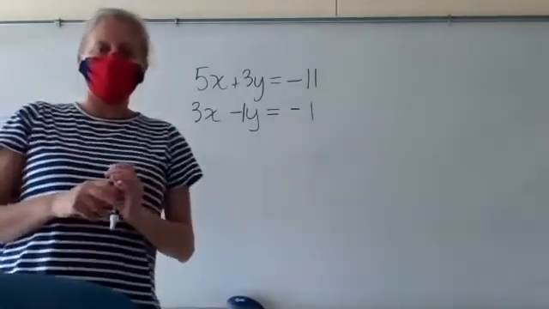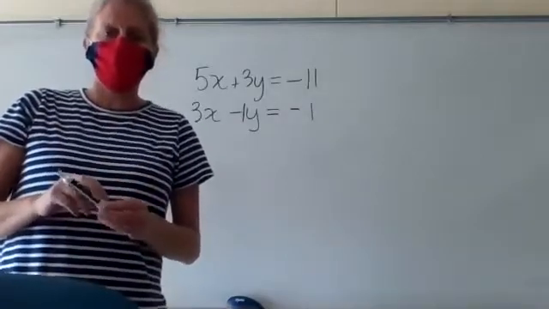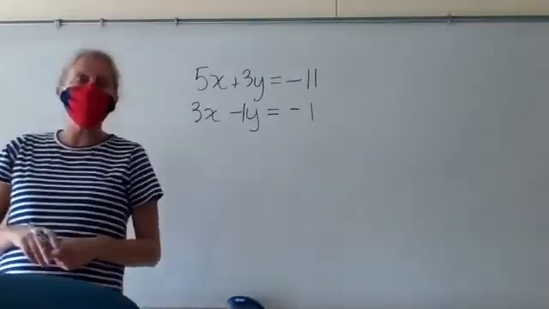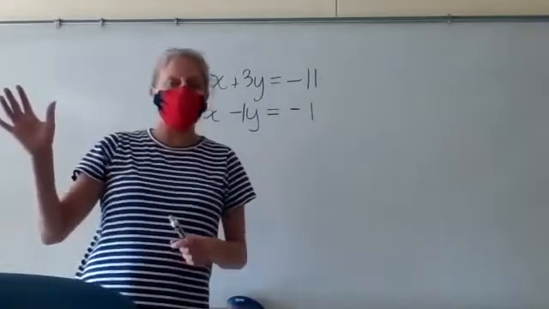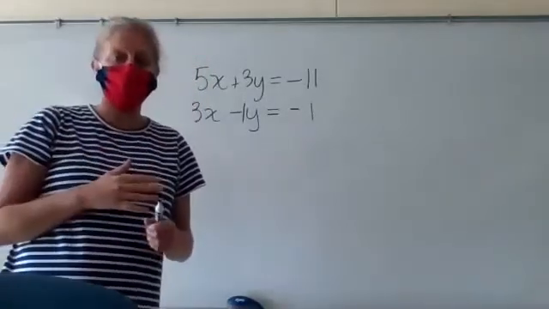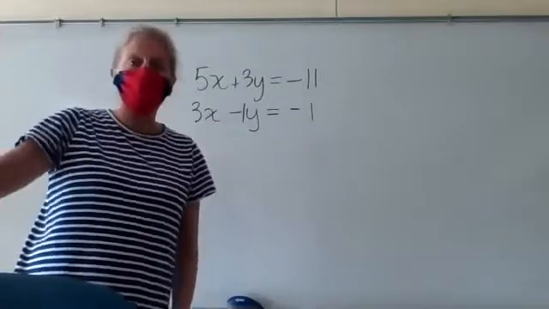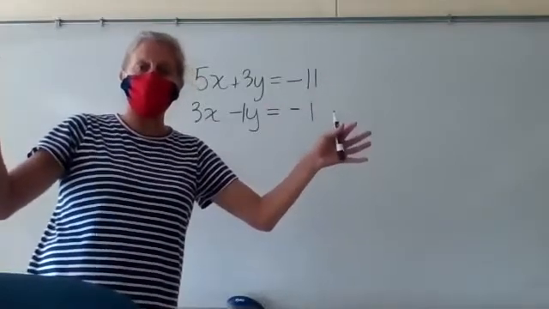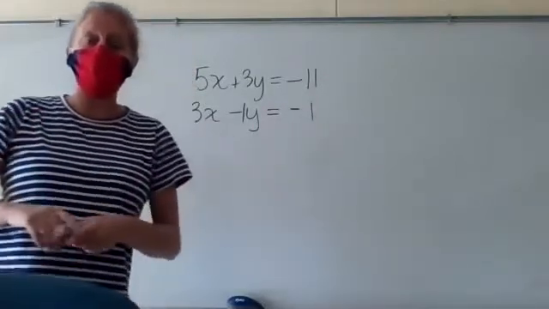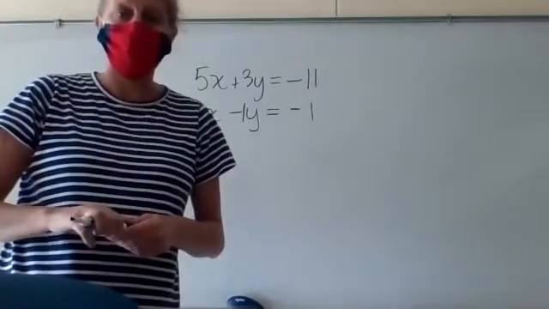Now, remember, there is an equation rule that states I can do anything to one side of the equation, it doesn't matter, as long as I do the same exact thing to the other side. I've kept my equation balanced and I'm still good.